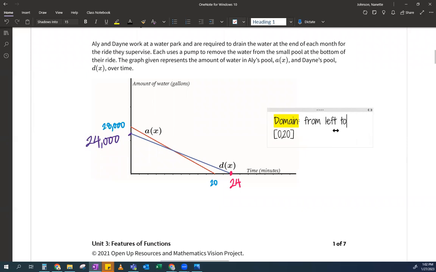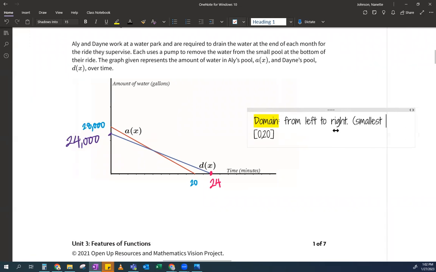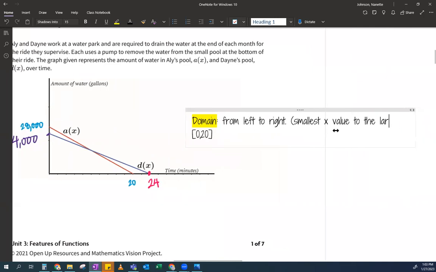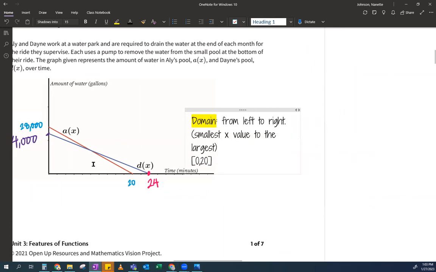From left to right, you're looking at the smallest x value to the largest. So let's do this one together. Looking at this line, the red line, what's the smallest x that you can get?